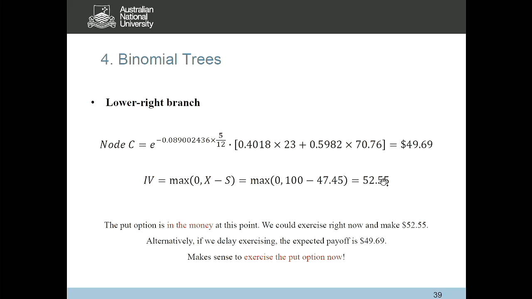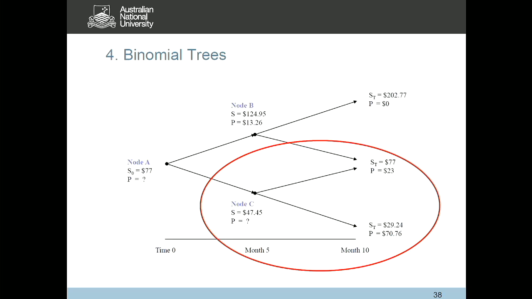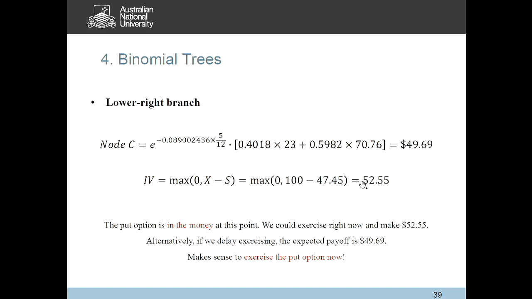So 52.55 represents the value of exercising the put immediately in node C. And we realize exercising the put immediately has a larger payoff compared to holding on to this put option for another 5 months, because holding on gives us a lower payoff, 49.69. So we choose to go with the higher value. We're going to exercise the put immediately in node C, and we're getting a larger payoff.